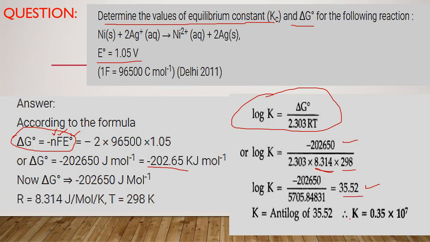So K equal antilog 35.52, which means around 10 power 35. Something is wrong here, this one is 10 power 35, this remaining value 0.52 we can take that.